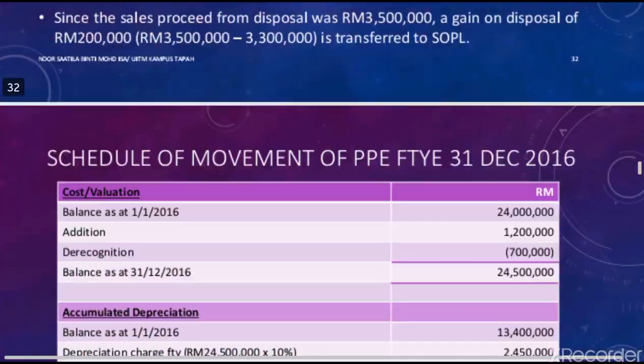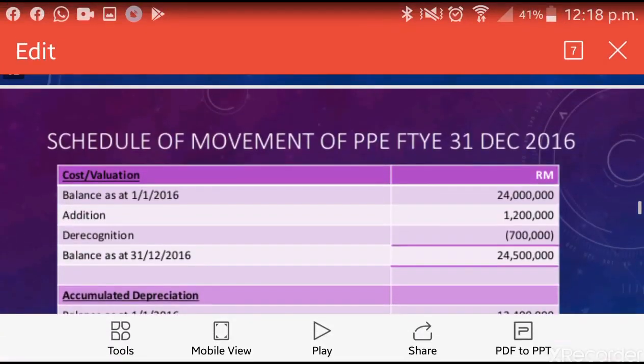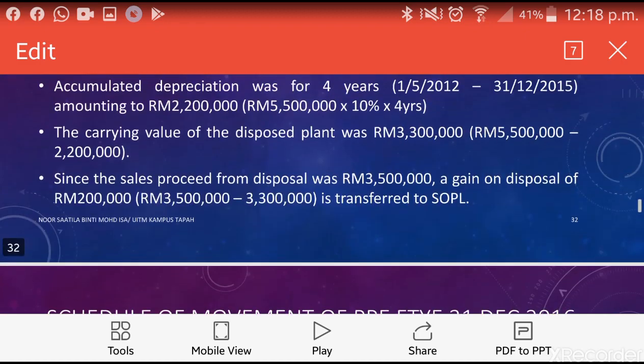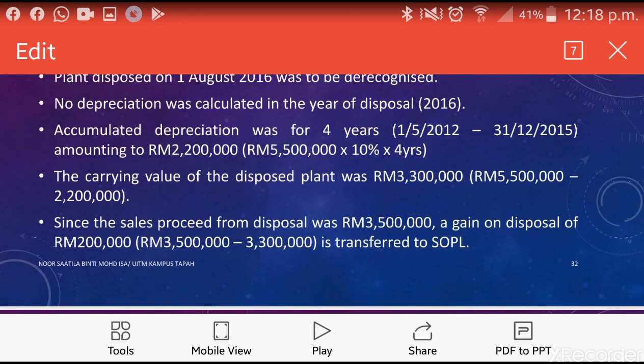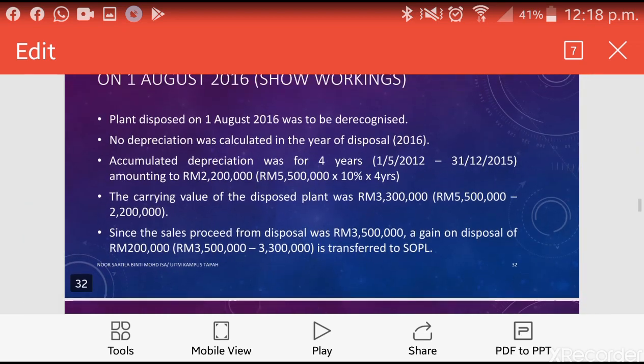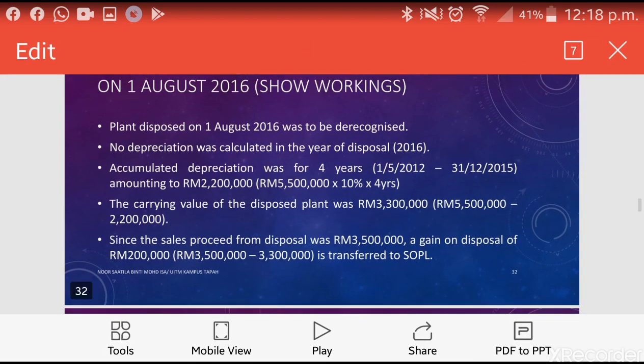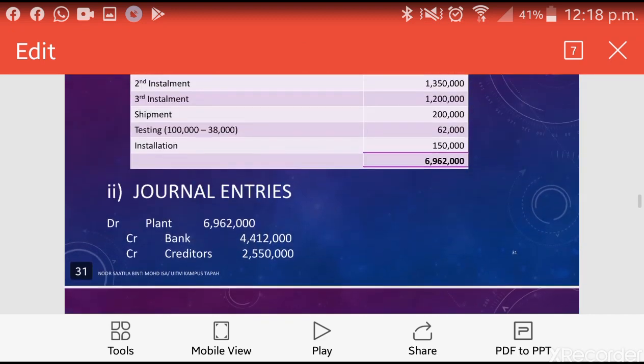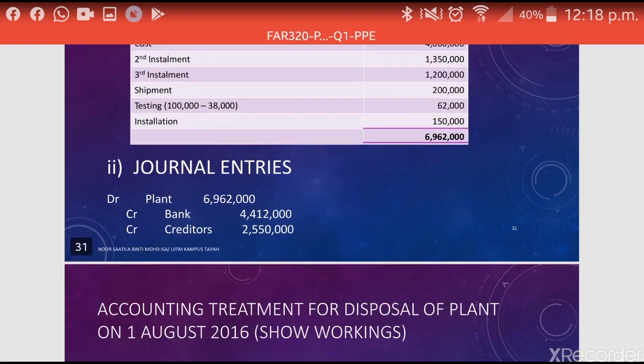Before we look at the accounting treatment, it's best that you also put the journal entry. Okay.